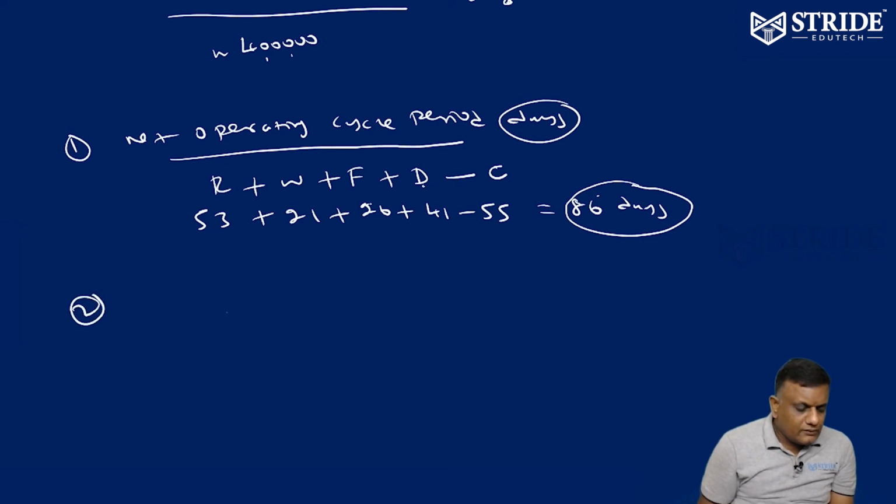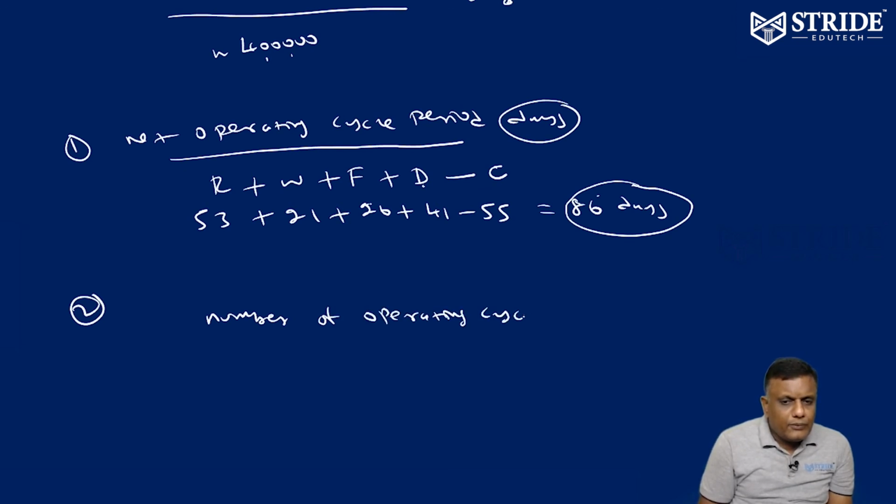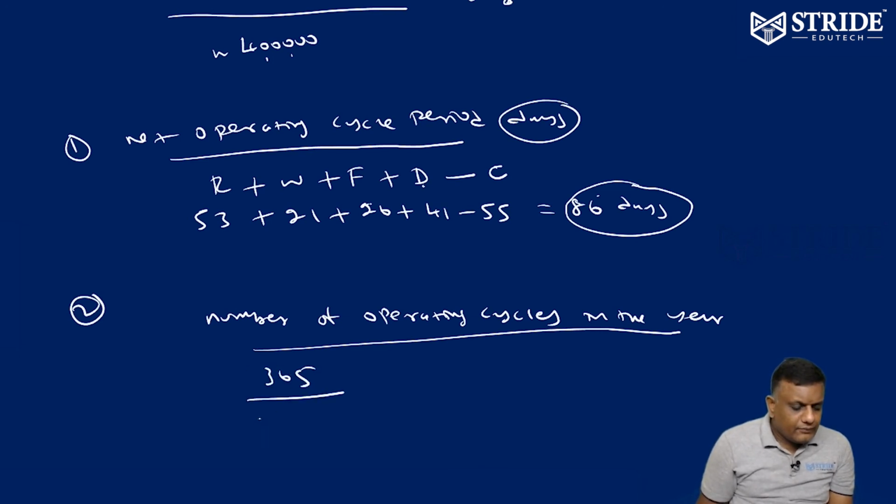Second question, number of operating cycles in the year is equivalent to 365 by operating cycle period.